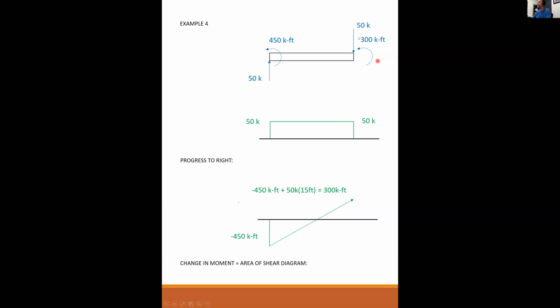And then this 300 here is counterclockwise. It's negative. So then you go back down and you end up at 0. So that's how you know this is correct. You started at 0, you ended at 0. Even with these end restraint and end moment, you still close the loop. It all closed back to 0.